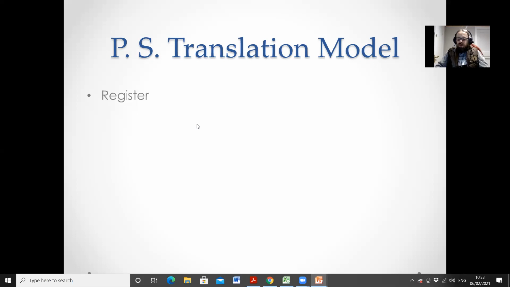First of all, the register. The register is basically the tone, the level of formality that the message is conveyed in, whether it's a formal message, whether it's an informal message, whether it uses a specific register like legalese, for example, if it's a legal text and it's written in specific jargon or style. We quite often get these, for example, in court. When interpreters go to court, people in court tend to speak in a slightly formal register, but it isn't just formal.